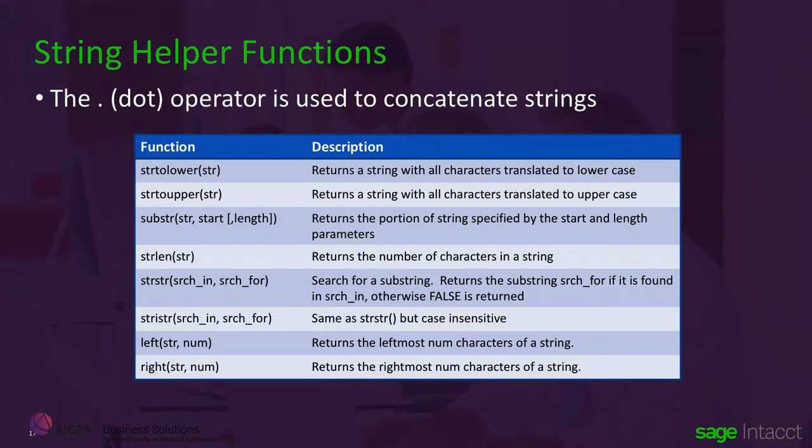And then here are a few things where we're converting string fields, pulling out substring information, pulling out the length of a string, as well as searching for values within a string field. So these are all different types of functions that you can use in string fields.